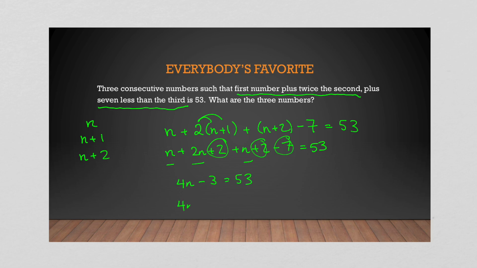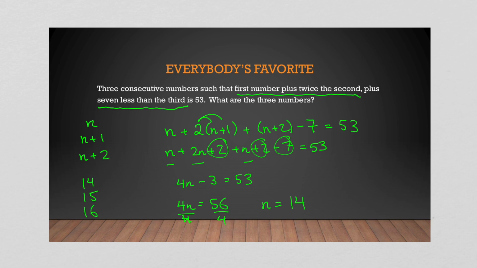Add 3 to both sides, 4n equals 56. Divide both sides by 4, and n is equal to 14. So I get a value for n, and that means what are my consecutive numbers? It means my numbers are 14, 15, and 16.